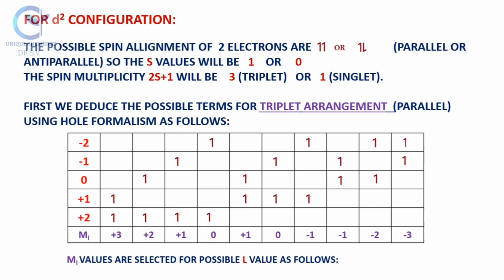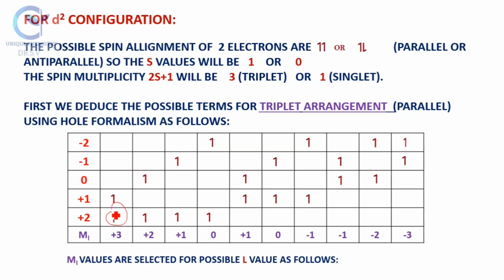Now for this d2 configuration, the 2 electrons are placed in parallel spin in all possible ways as shown in the diagram. According to the rules, the first electron is placed in the highest ML value in the second left column. You see here.